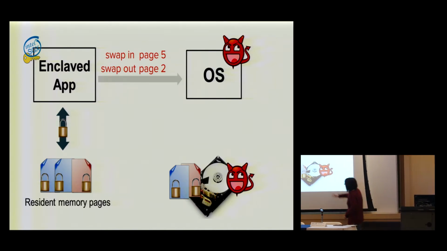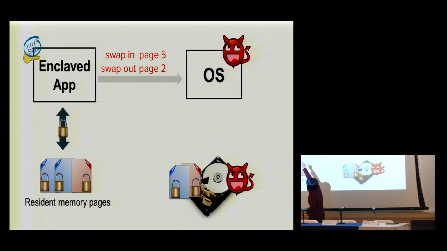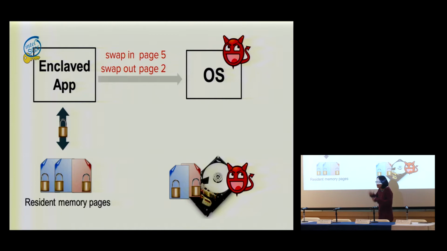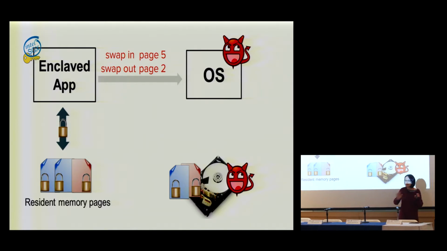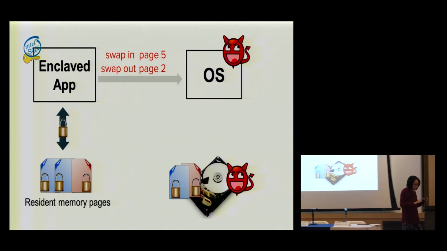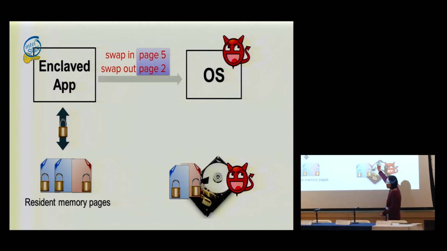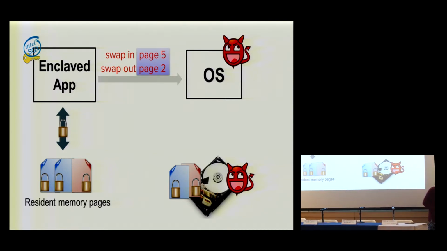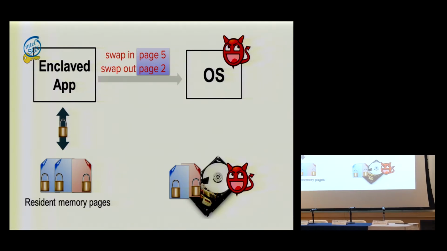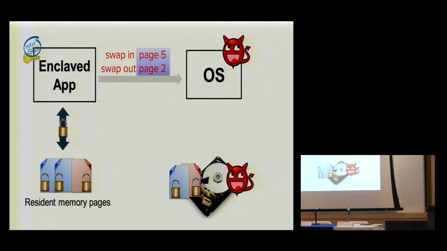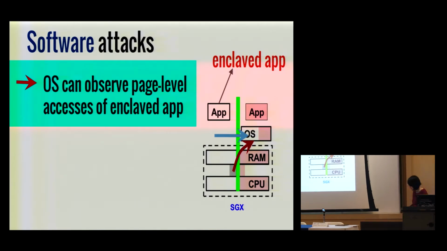All of these memory pages are encrypted, and the secret key resides in the secure processor. So the OS cannot easily see the memory contents during the page swap. But unfortunately, the operating system will be able to see these memory addresses, in particular the page-level memory addresses, during this process. So this is essentially page-level access pattern leakage.